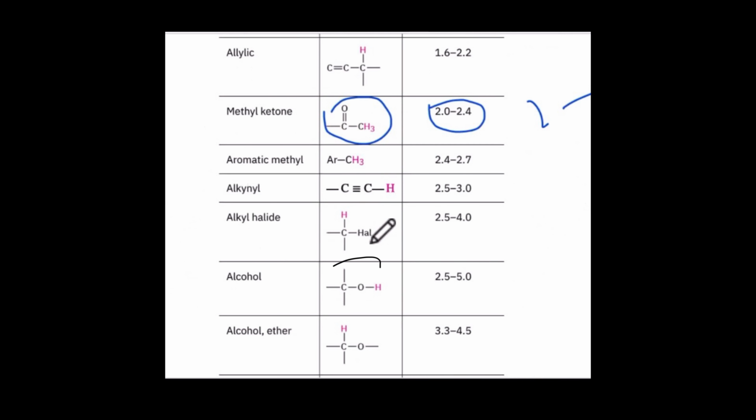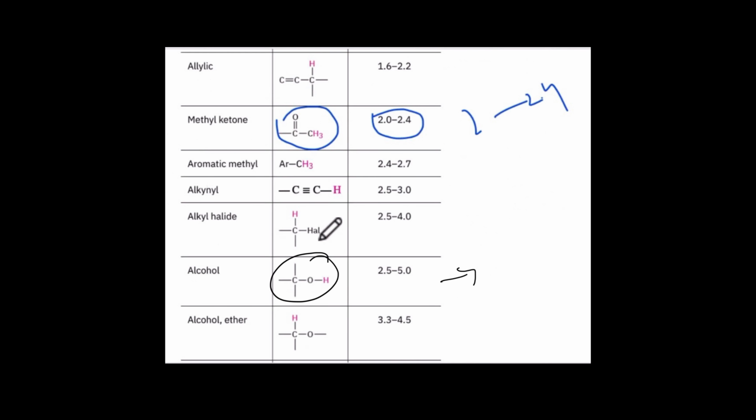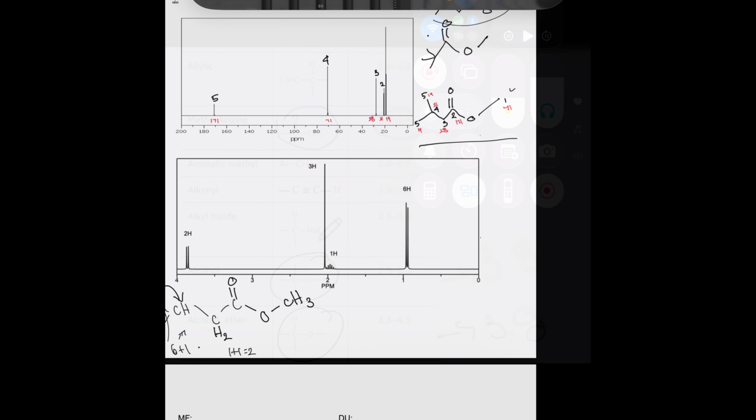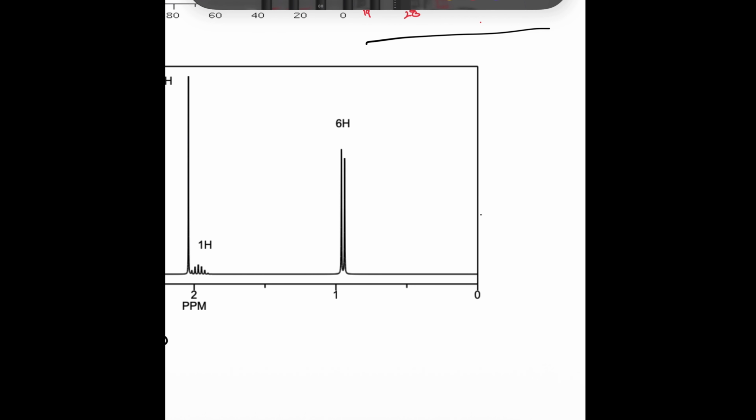This alcohol group here would make sense for what we have on the proton NMR spectrum, and so would this alcohol ether. So these are the groups that we're probably going to need to see in our actual structure. We need to find a structure with either an alcohol group or an alcohol ester group, where an oxygen atom is attached to 2 hydrogen atoms. So maybe a structure like this.